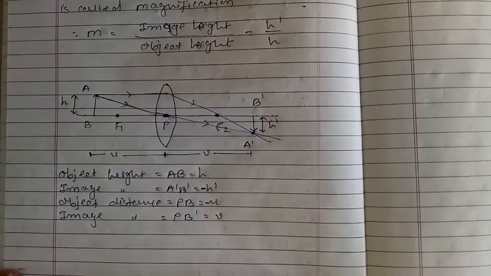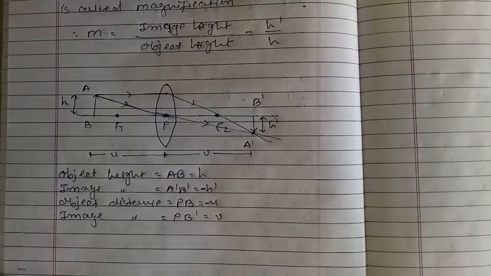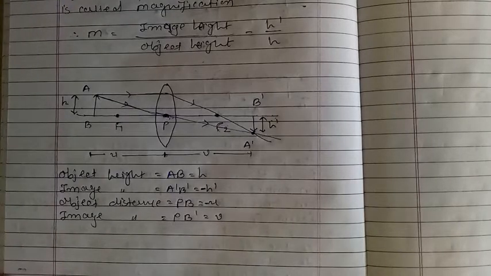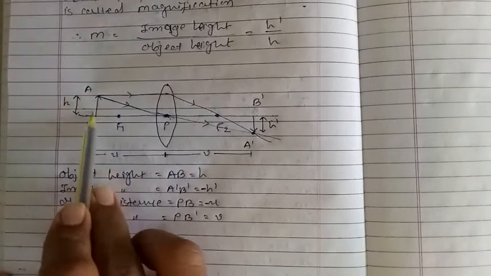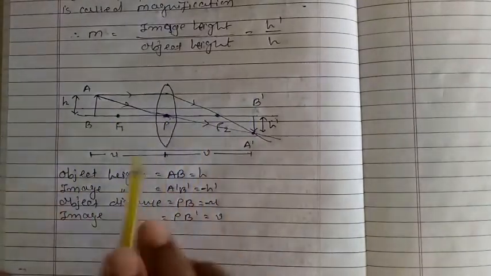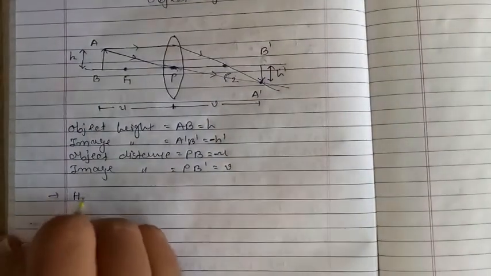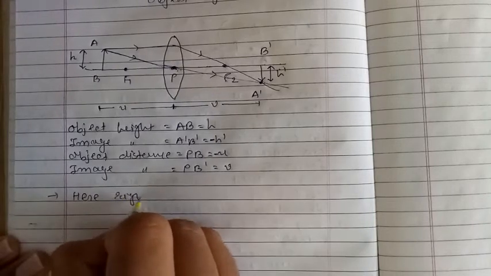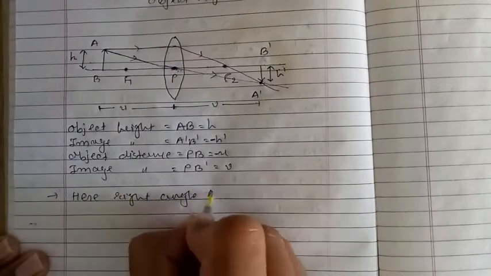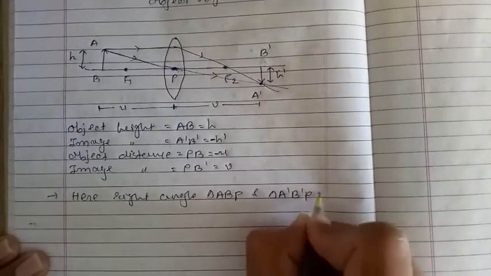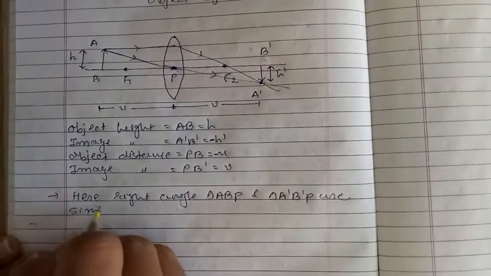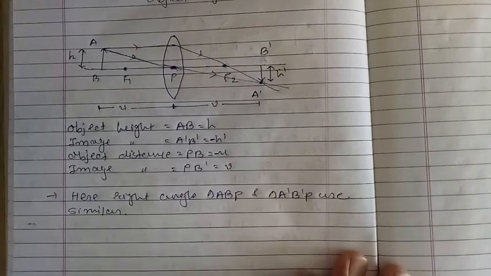Okay, now we have to obtain the formula of magnification, right? See the figure, there are two triangles, ABP and A dash B dash P, which are similar right angle triangles, right?